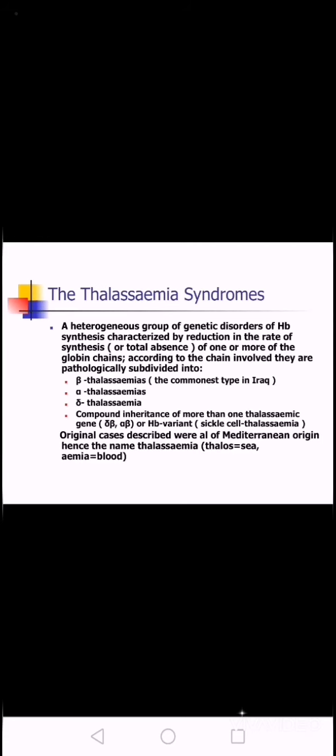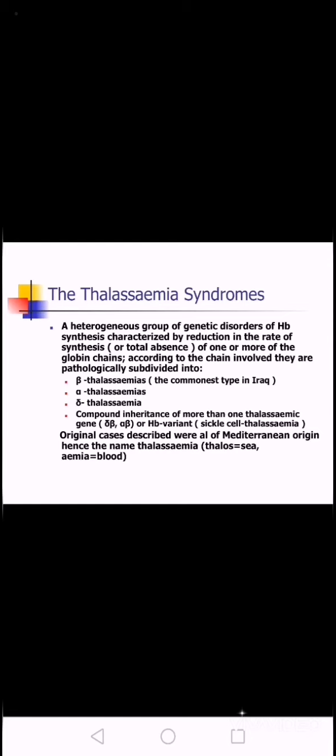So, what is the meaning of thalassemia? The thalassemia syndrome is a heterogeneous group of genetic disorders of hemoglobin synthesis, characterized by reduction of the rate of synthesis or the total absence of one or more of the globin chains.